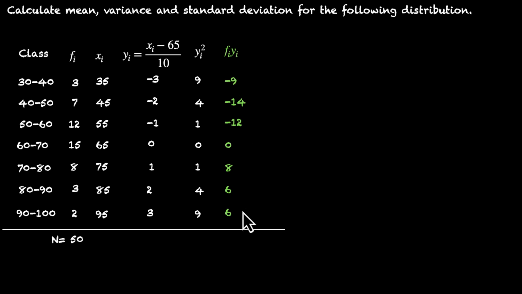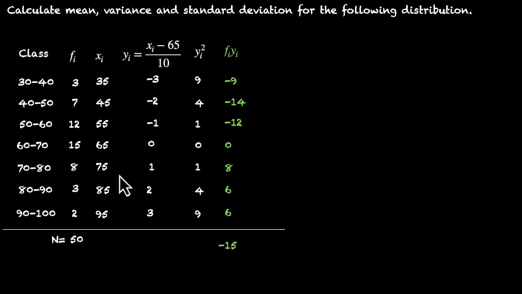Let's add all of these up. Summation fi yi, so minus 9, minus 14 cancels with 8 and 6, minus 12 and 6 cancel out, this becomes minus 6. We have minus 9 minus 6, that's going to be minus 15. So sum of fi yi is minus 15.